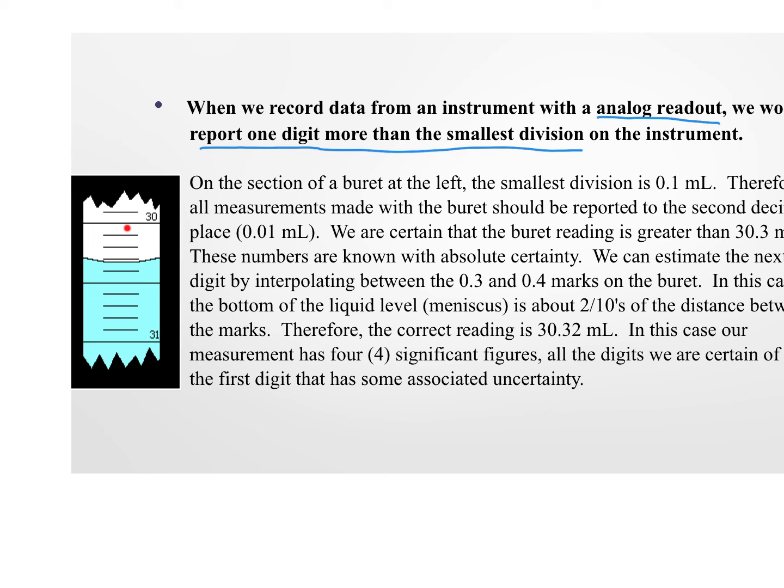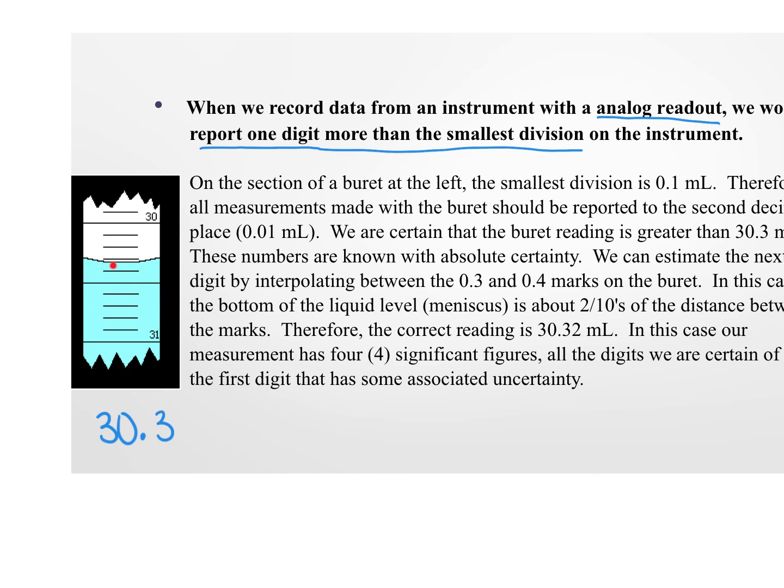So when I read this, I know it's past 30.1, 30.2. I know it's past 30.3, but it's not quite to 30.4, okay? So when we read analog, it's every digit you can see plus 1 more. We're sure it's past 30.3, so now you're going to guess that very last digit. The way you guess is you look in between the 0.3 and the 0.4, and I would recommend you break it up into tenths.